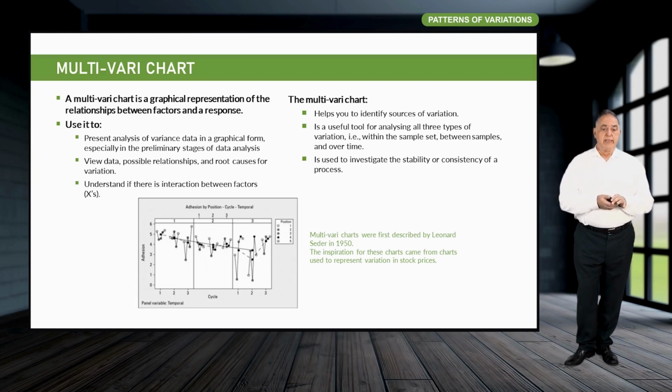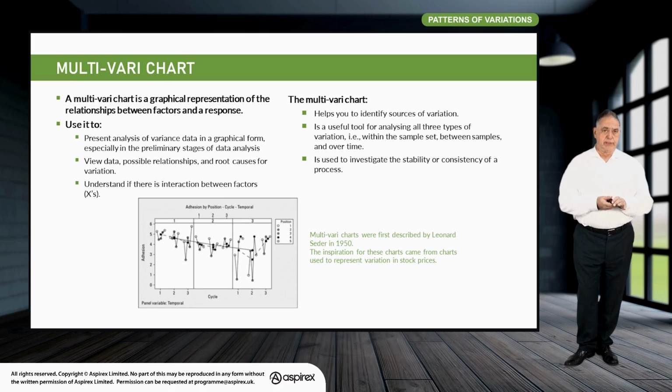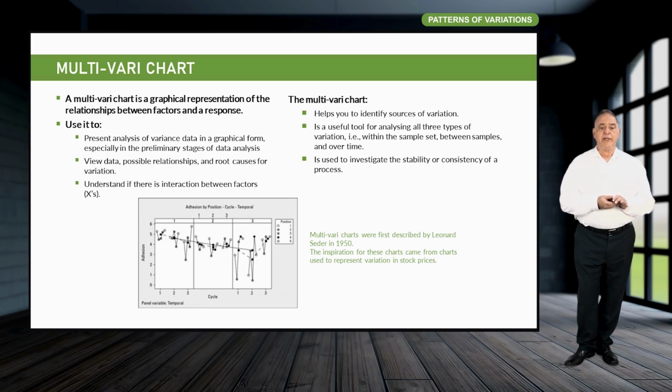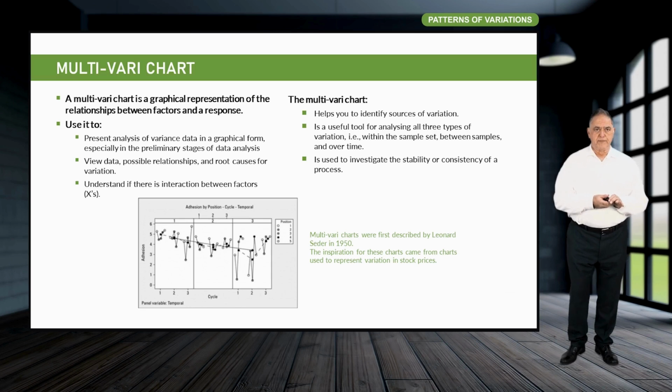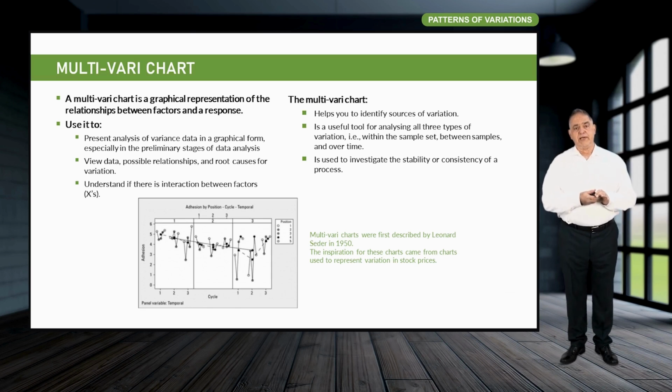We use it to view data and the possible relationships between data, as well as the causes of variation, and finally to understand if there is an interaction between input factors. Because we may have input factors that, if we set them at different levels, may interact and have a special effect on the process output.